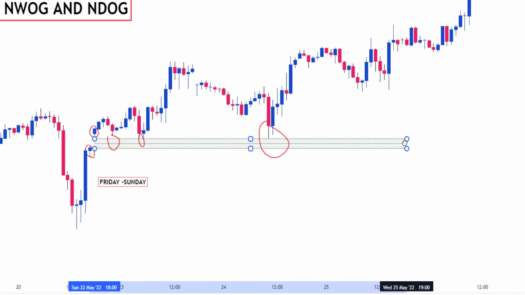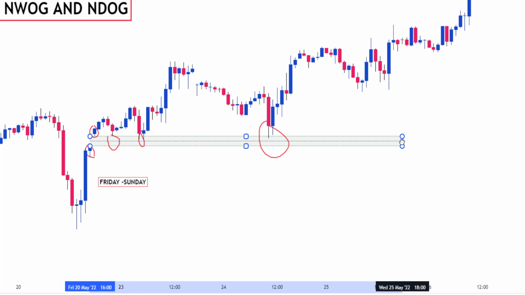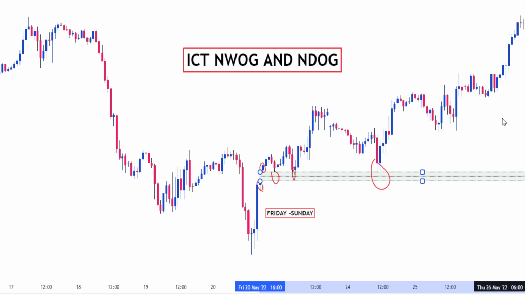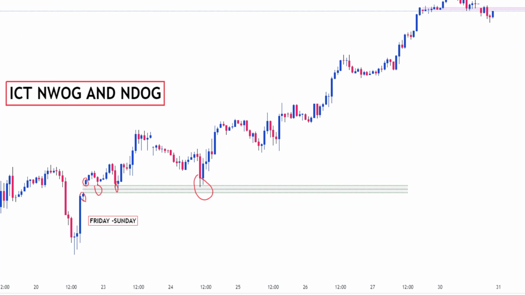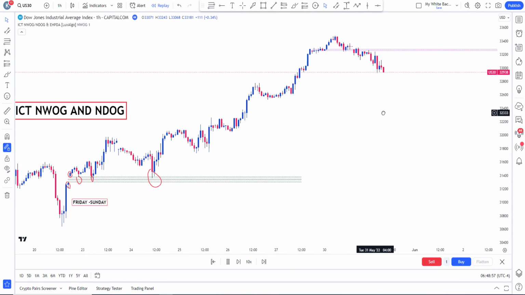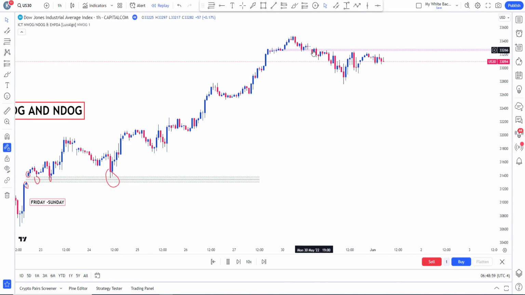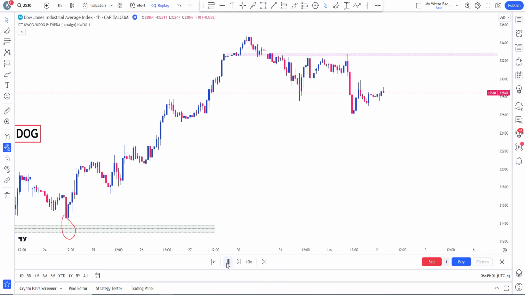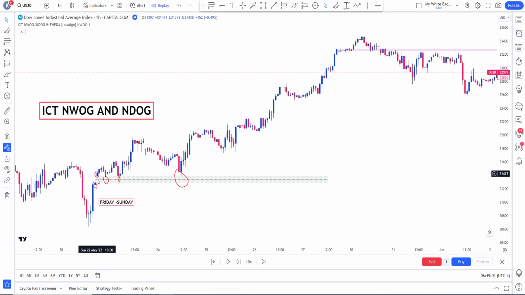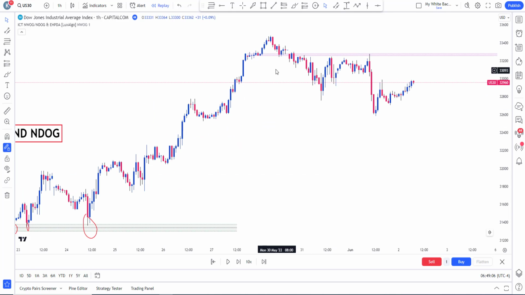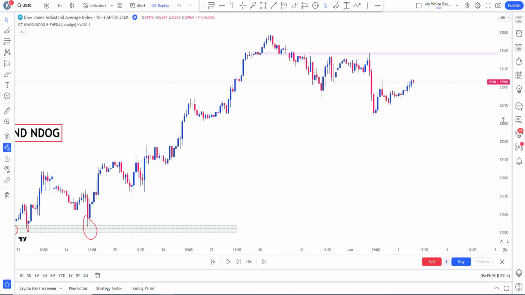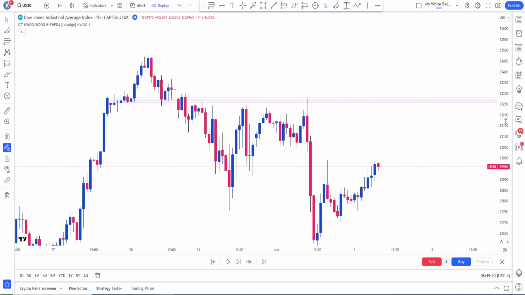Let me go back to that, please. Price actually used it as a support level, and price kept on retesting it even in the future. Let's see if price really did come back. All right, there is another one up here, and this is a bullish NWOG and this is a bearish NWOG. Let me show you that right here.